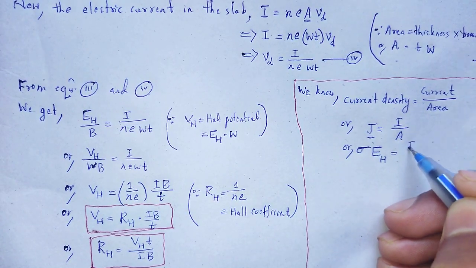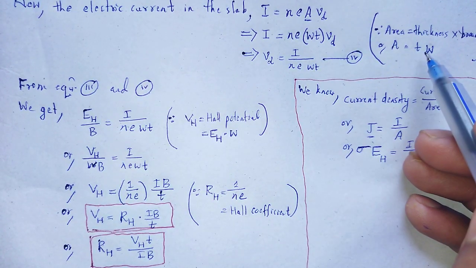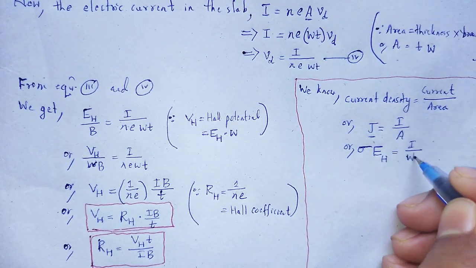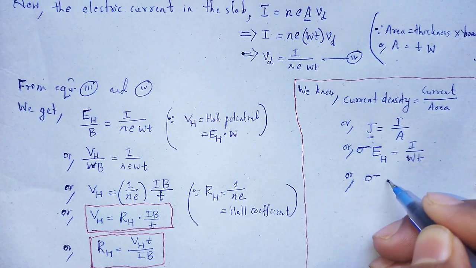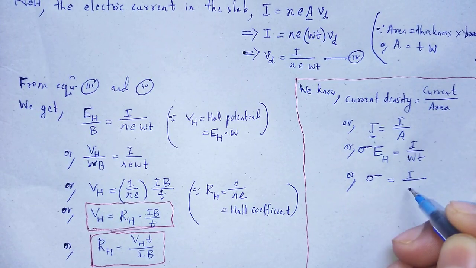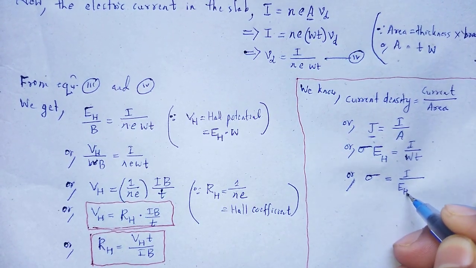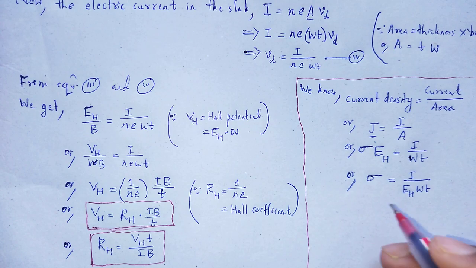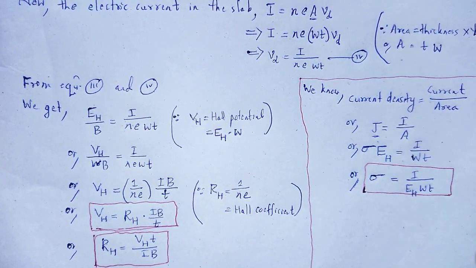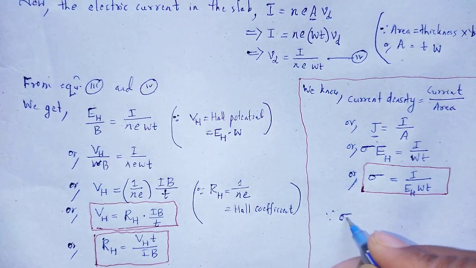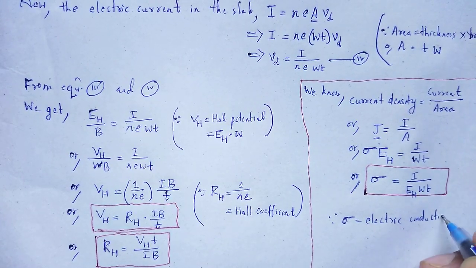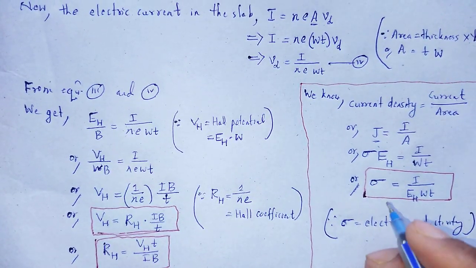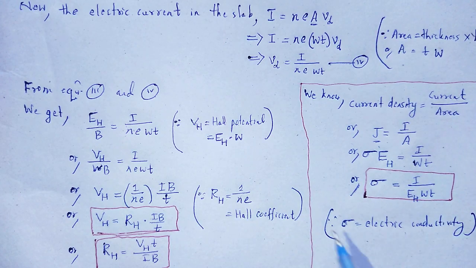So I, the current, divided by area W into T. Therefore, electric conductivity sigma is equal to I divided by E_H W into T. Whereas sigma is the electric conductivity, so sigma is evaluated.